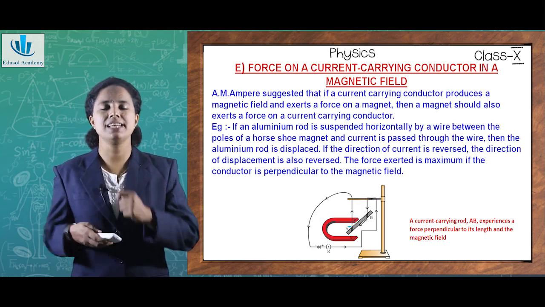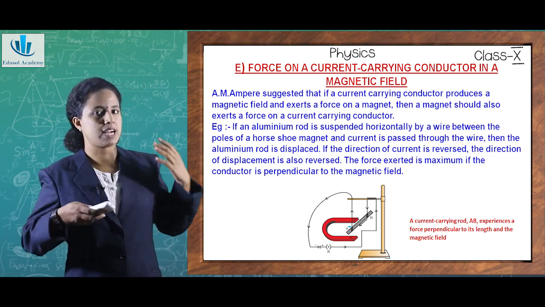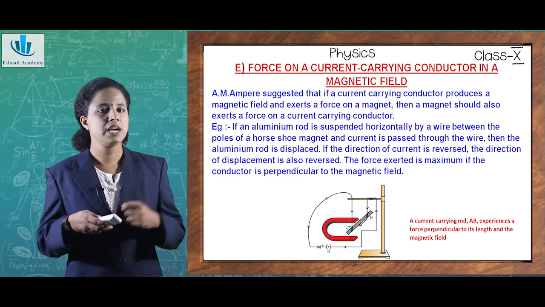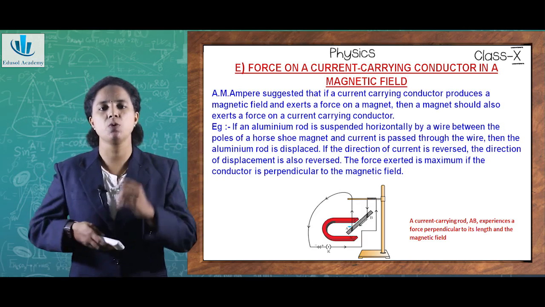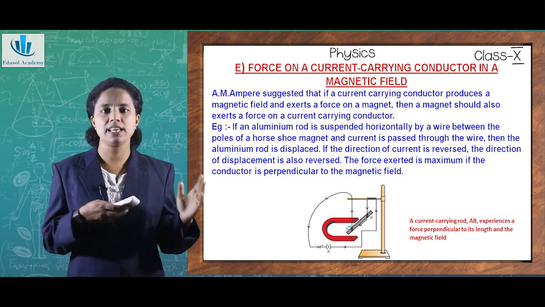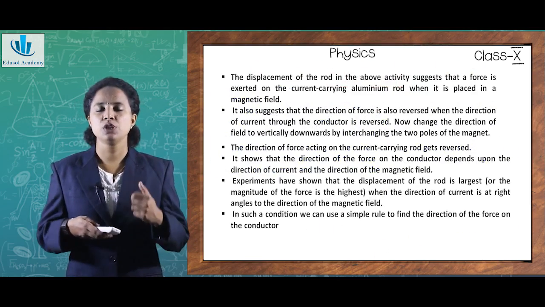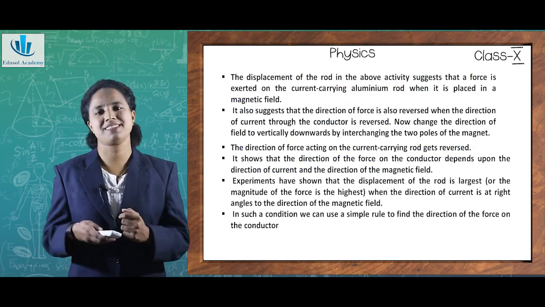And the inference is that the force exerted is maximum if the conductor is perpendicular to the magnetic field. Here you can see the current carrying conductor AB will experience a force perpendicular to its length and the magnetic field. So how does this displacement happen, or what are its different effects?